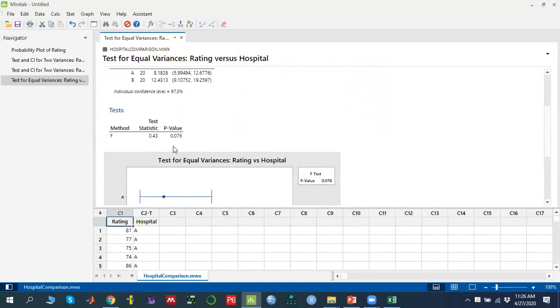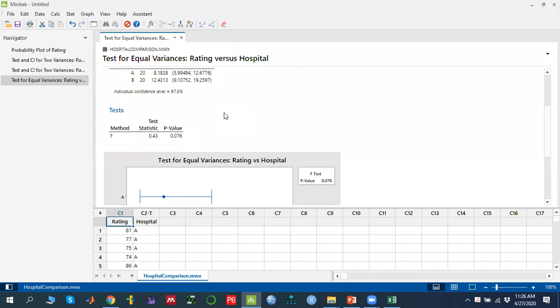Okay, again now you can see that this is the F test, and we are getting the same result. Okay, I hope it is clear how we can check the equality of the variances. So we have checked the normality of the data, as well as the equality of the variances.